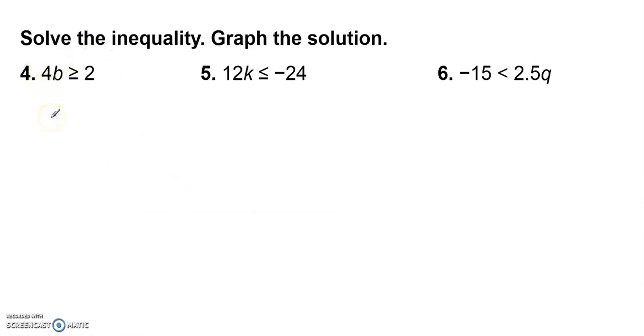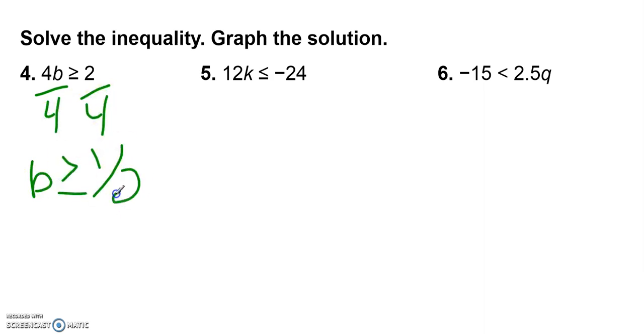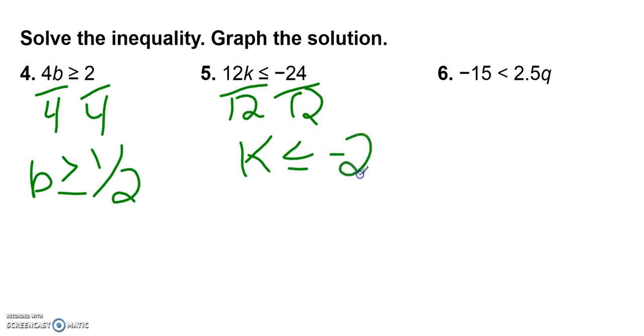Okay, and solve the inequality, graph it. So I'm going to divide by 4, b is greater than or equal to 1/2. I'm going to divide by 12, k is less than or equal to -2.